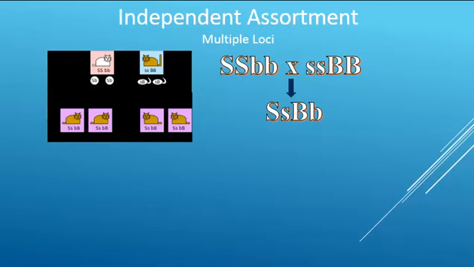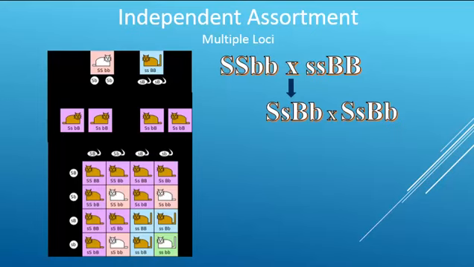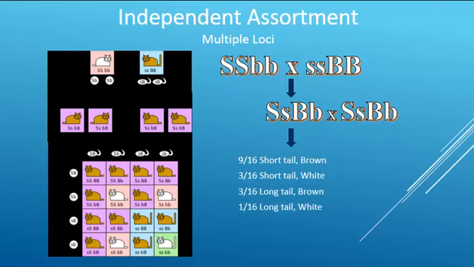When the F1s are mated together, we'll get the very common Mendelian ratio that we expect from independent assortment, a 9:3:3:1 ratio, and we can account for these phenotypic ratios with some genotypic indications. Note here that I've indicated that the short-tailed brown-furred condition occurs whenever you have at least one dominant short-tailed allele and one dominant brown allele.